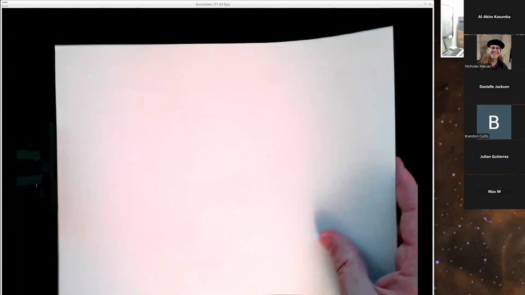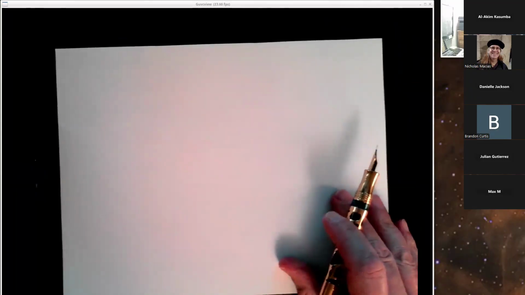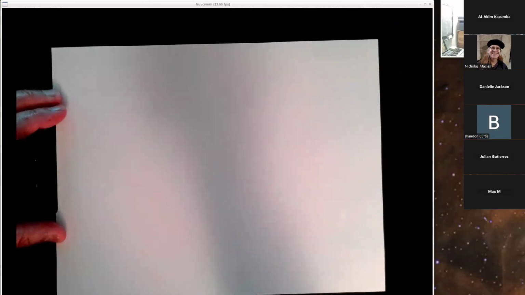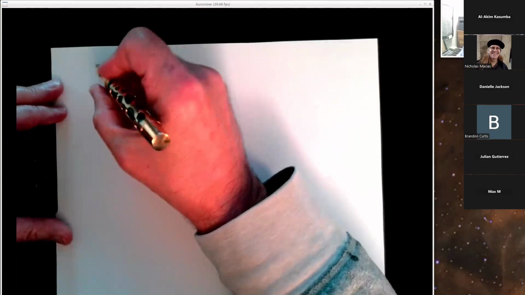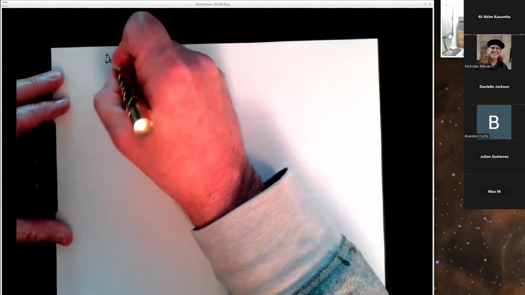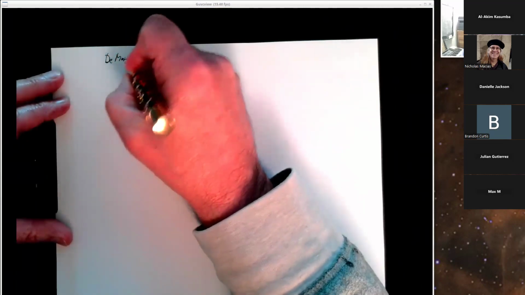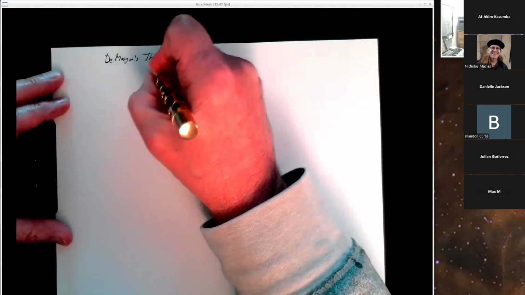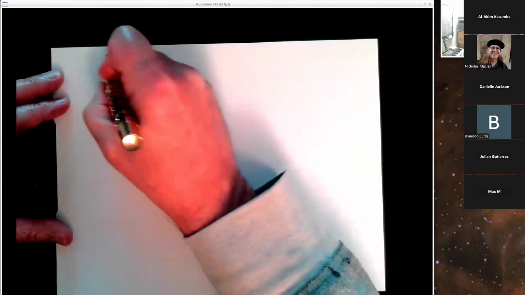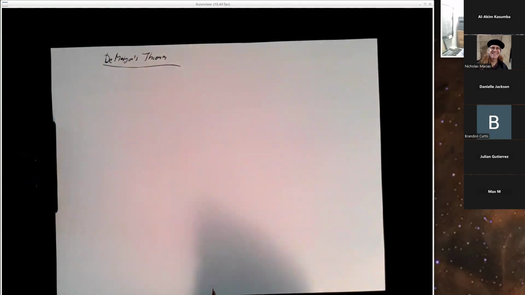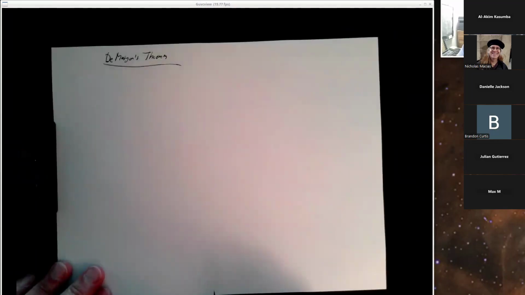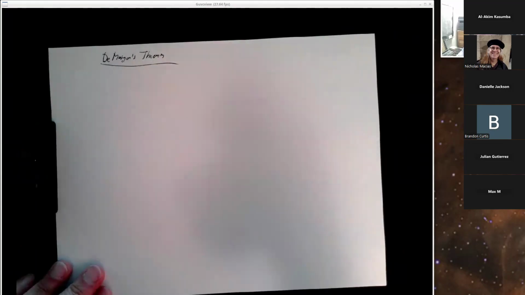All right, let's shift gears. Let's get away from the algebra for a minute. You know De Morgan's theorem, right? So De Morgan's theorem works on propositional logic, it works on Boolean equations, it works on sets.